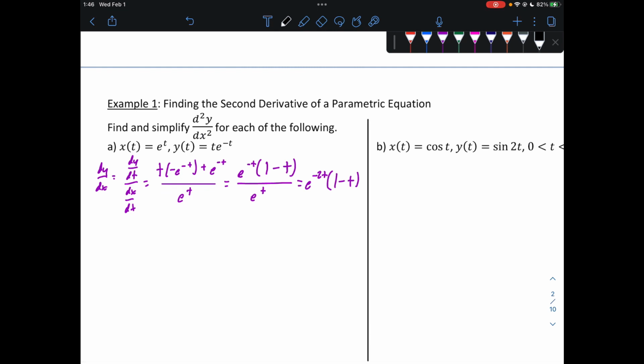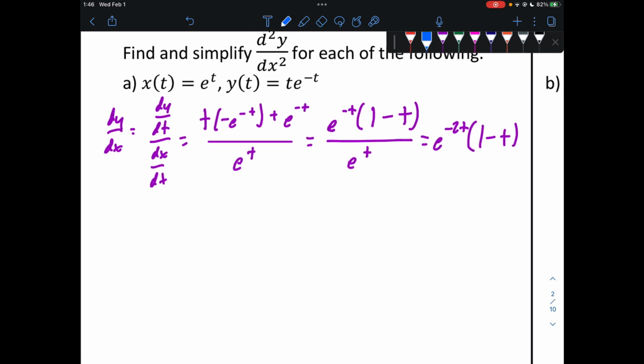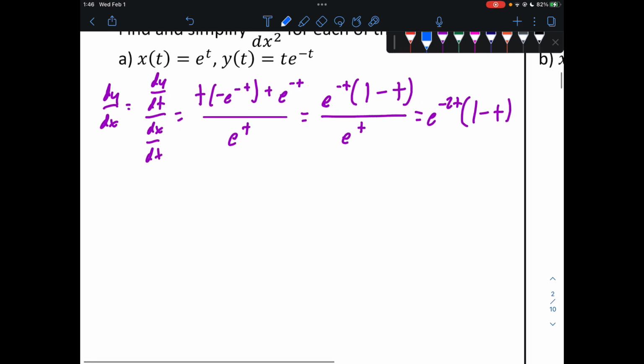All right. Now, our second derivative. So d squared y over dx squared is going to be the derivative of the first derivative divided by dx/dt. So dx/dt, we already got that as e to the t. So the numerator is going to be the derivative of the first derivative.